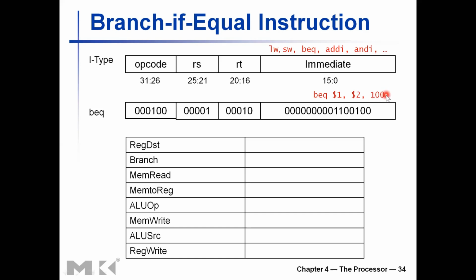So in that case, what happens is the preprocessor of the assembler should assign a value to that label. What is the value of exit? If we have branch if equal $1, $2 exit here, the value of that exit label should be calculated by the assembler.